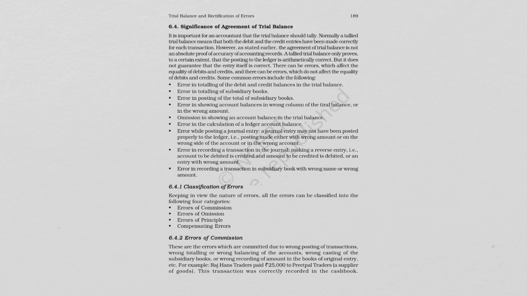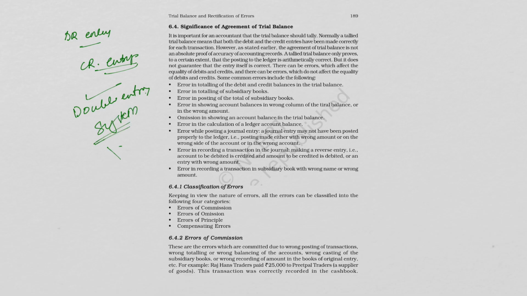When the trial balance total matches, it indicates that every debit entry has a corresponding credit entry. So posting from the journal to ledger has been done mathematically correct. This means that the double entry system is basically maintained. However, it does not mean that there are no mistakes in accounting records. Some errors may still go unnoticed.